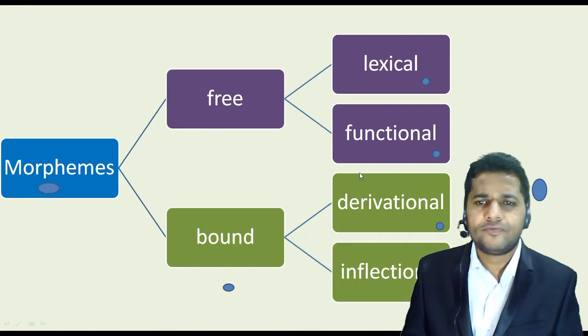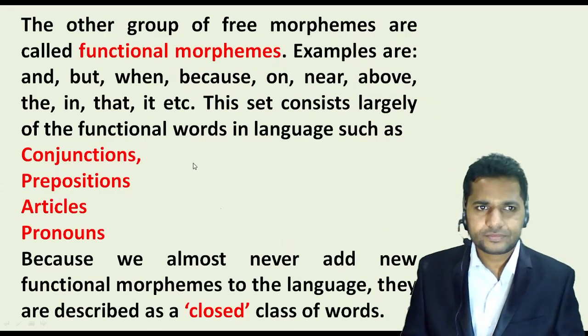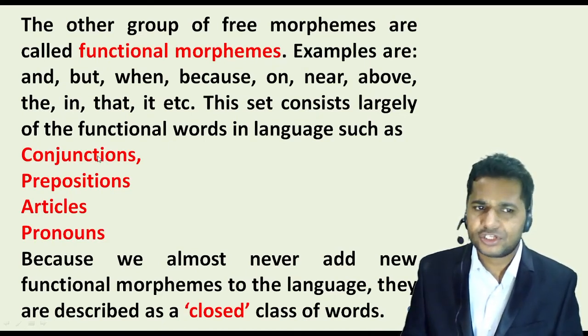If you see the next one, functional morphemes, these two are subtypes of free morpheme. The other group is called functional morphemes. Examples: and, but, when, because, on, near, above, the, in, that, it, etc. This set consists largely of the functional words in language such as conjunctions, prepositions, articles, pronouns.